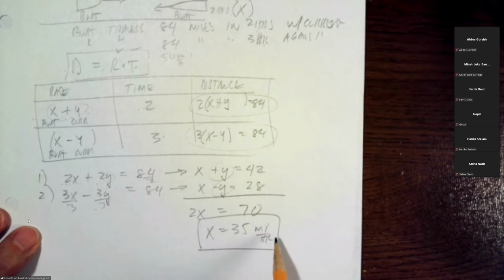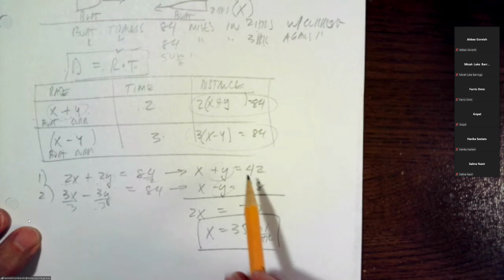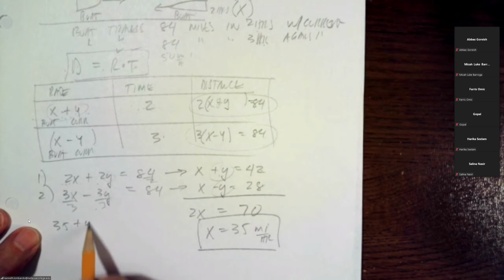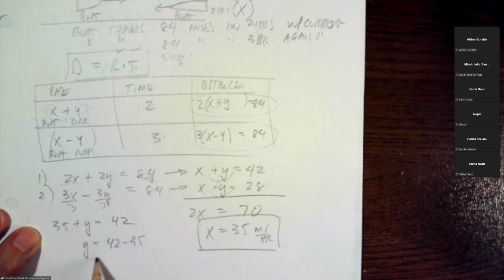So we solve for x, and then solving for y, I guess we could substitute x here. We could say 35 plus y equals 42. y equals 42 minus 35. y equals 7. And that's miles per hour.